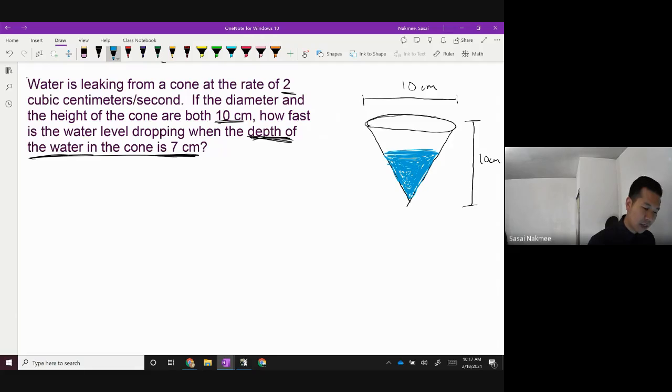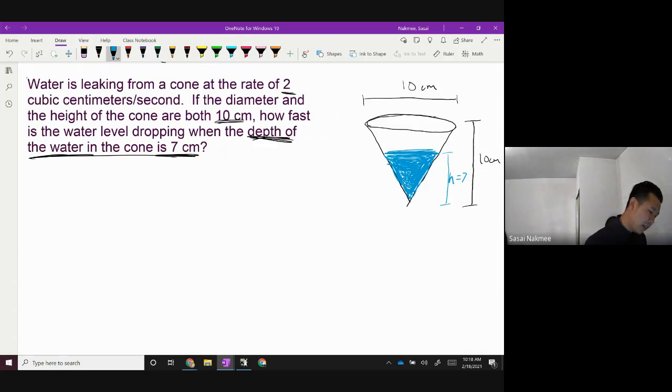So from here to here, they're telling me that H, I'm going to call it H, is equal to 7. You guys okay with me labeling it H, right? The H is going to be the level of water or volume that's in there. And right now at this particular point, that H is equal to 7 is what they tell us, right?